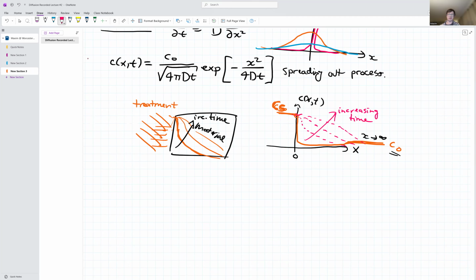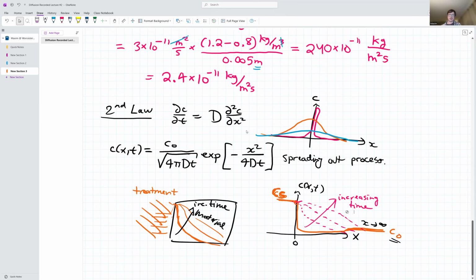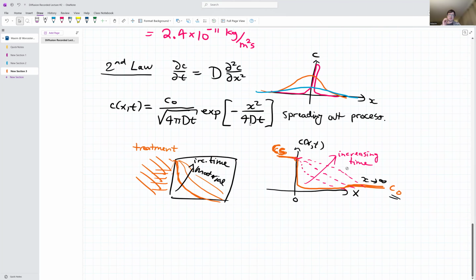Now, I'm probably going to do an example of this in class, but what I did want to do is show you a way of solving this equation because I think it's kind of cool. It makes use of the fact that we know the basic feature of random walks is that the average distance that you go away from where you started grows like the square root of time.